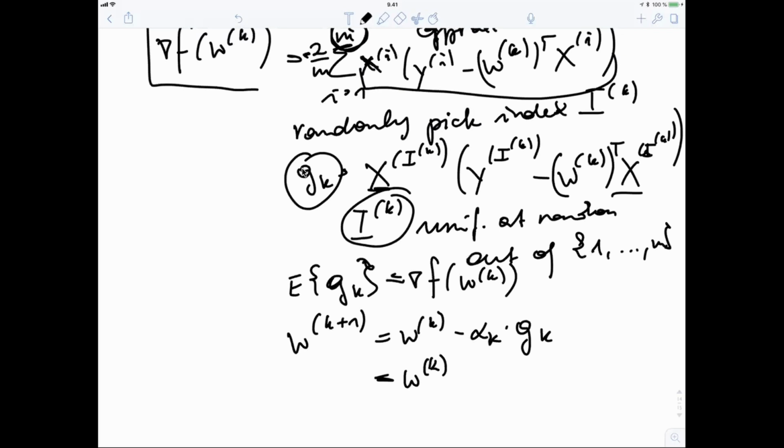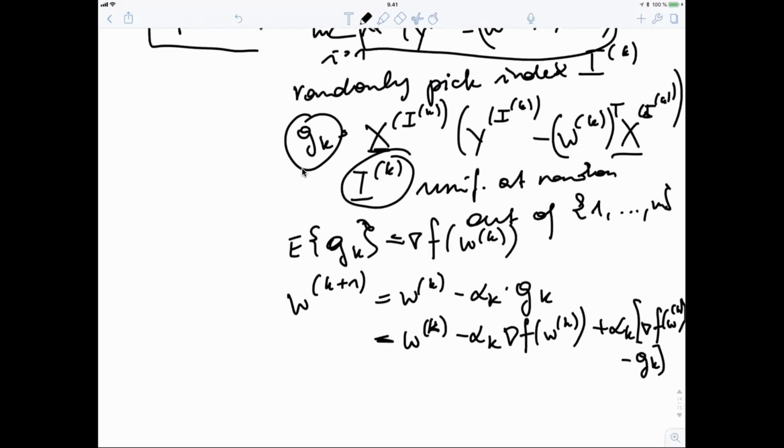We can say this is the same as a gradient step, but we need to take into account this error term here, which is the difference between the gradient and the approximation.